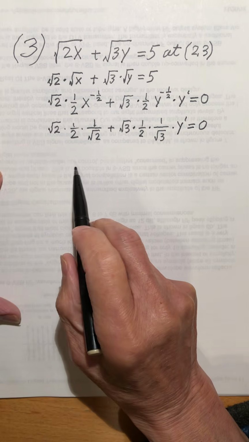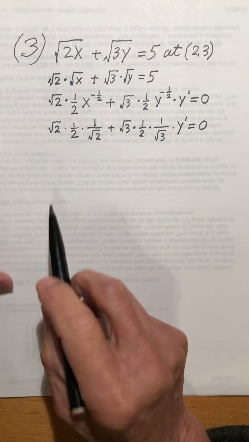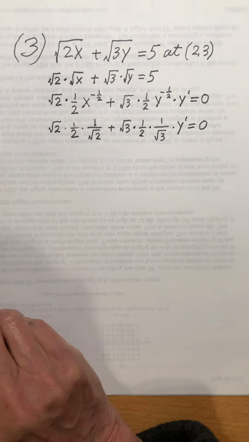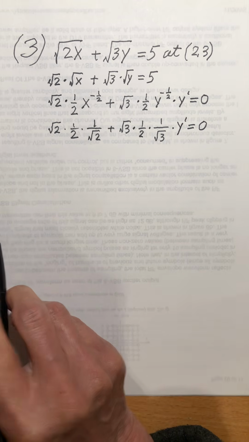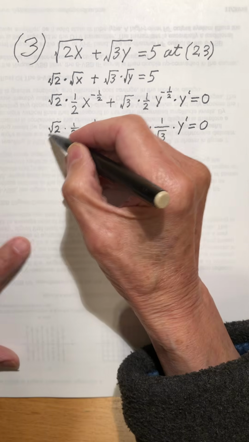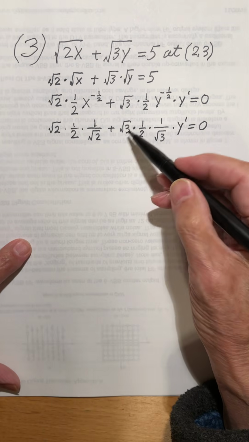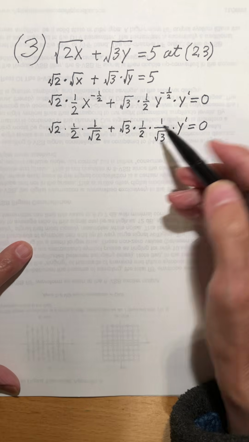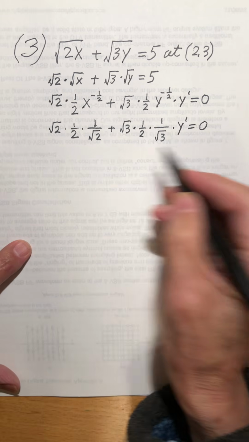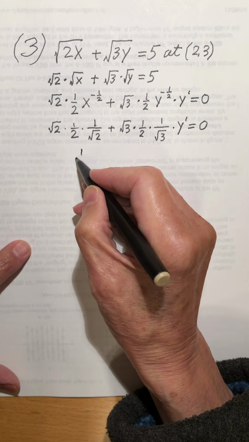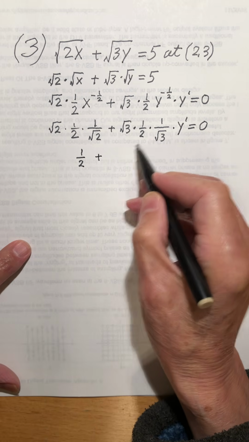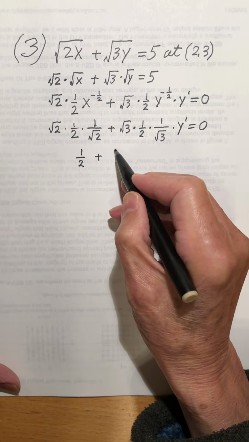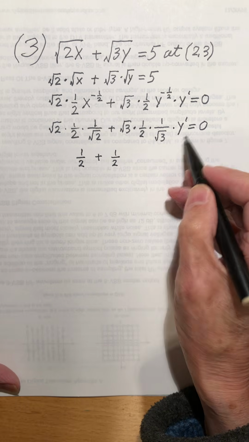All right. Now do you see that the square root 2 can be cancelled? Square root 2 cancels the square root 2. Square root 3 cancels square root 3. So I have 1/2 here plus, here is again 1/2, and y prime.